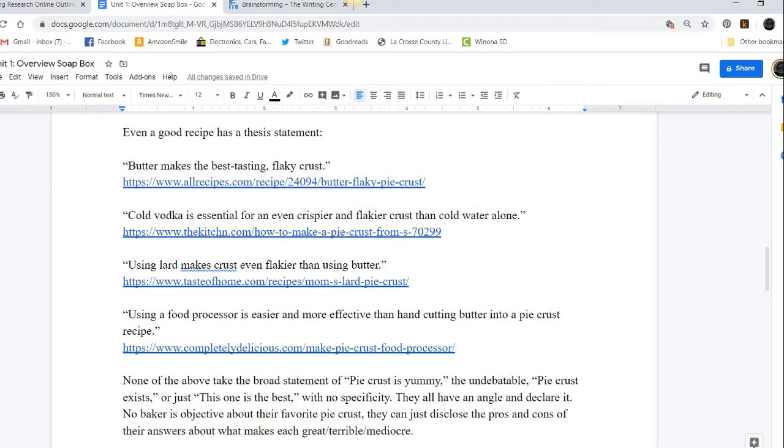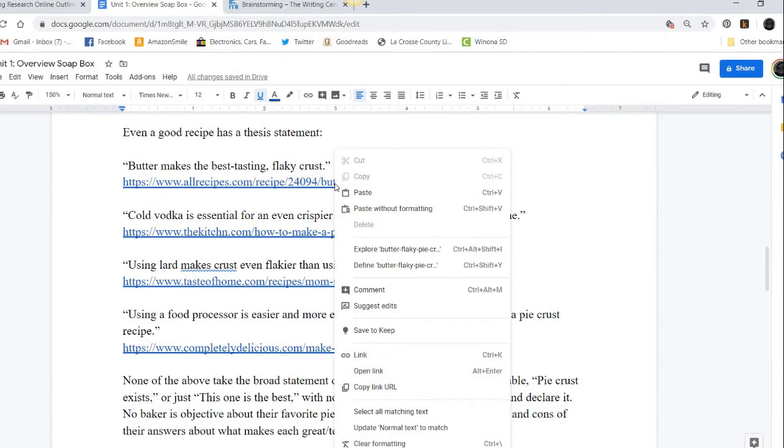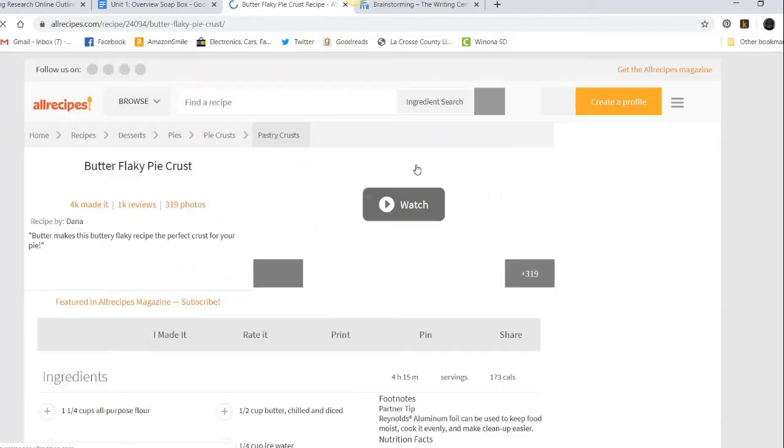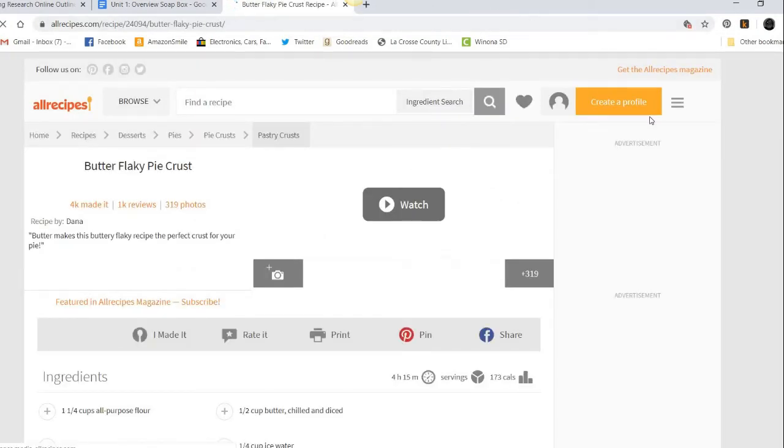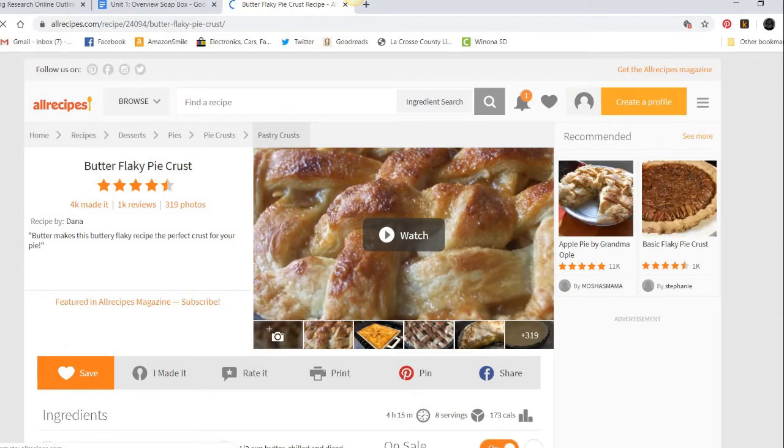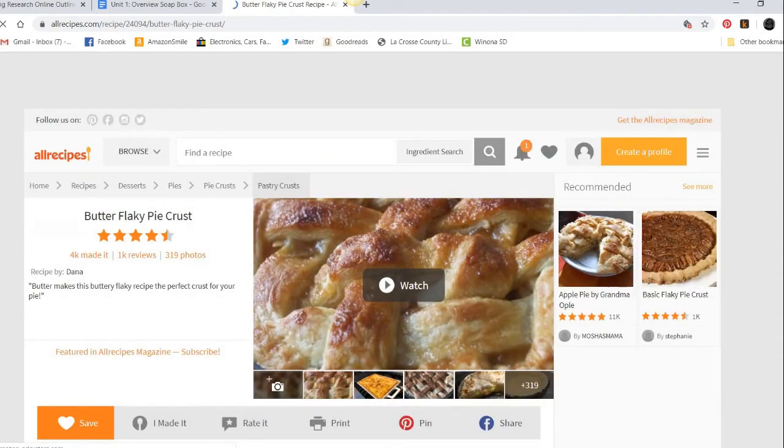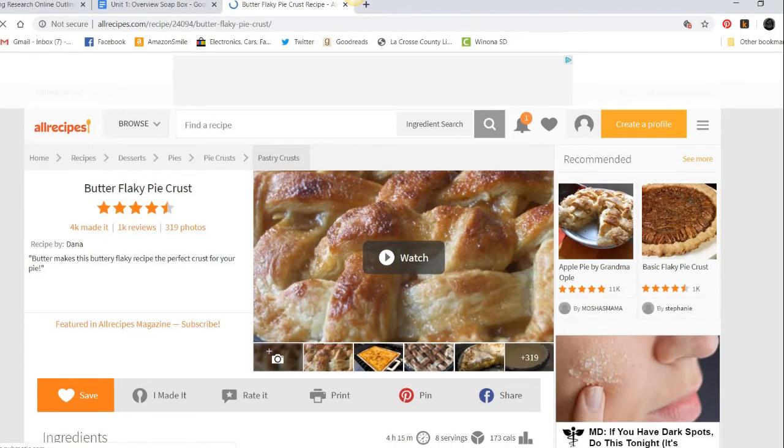And here is one of them. Buttery, flaky pie crust. I'm sure an All Recipes ad will pop up in just a moment.